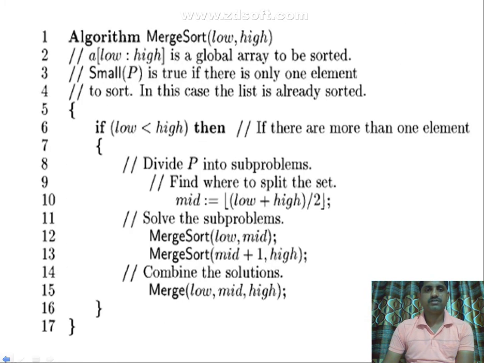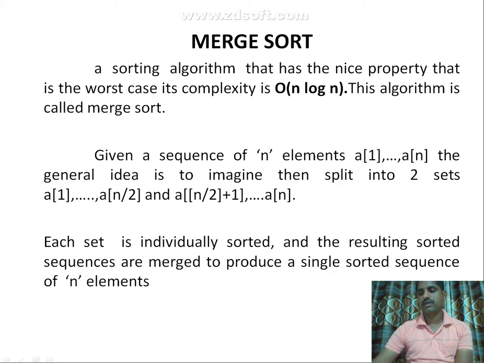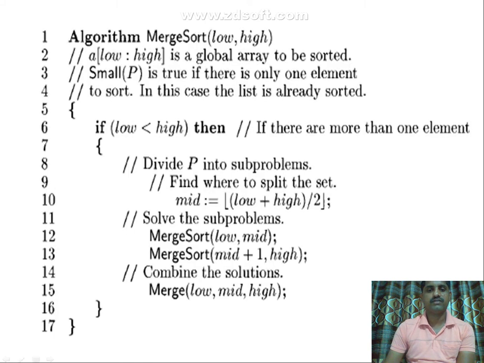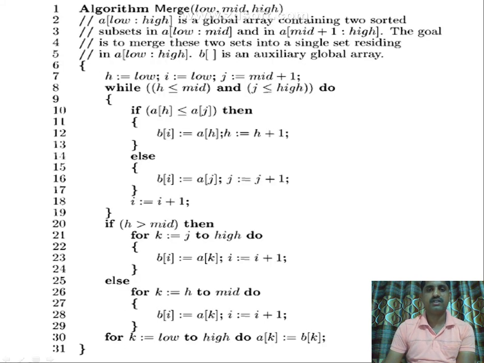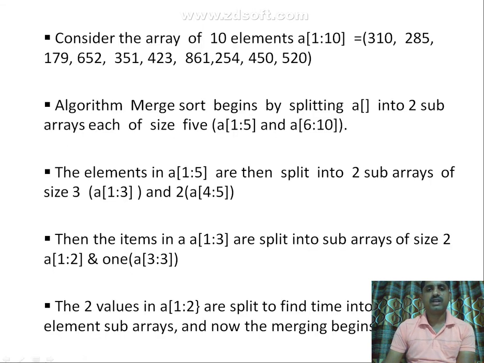So merge sort is a sorting technique that uses divide and conquer. We can sort the given elements in non-decreasing order. Here we split the values into A[1] to A[n/2] and A[n/2+1] to A[n]. This is the merge sort algorithm. For merge with low, mid, high, we use h = low, i = low, j = mid + 1, the index values. We split at mid = (low + high)/2.